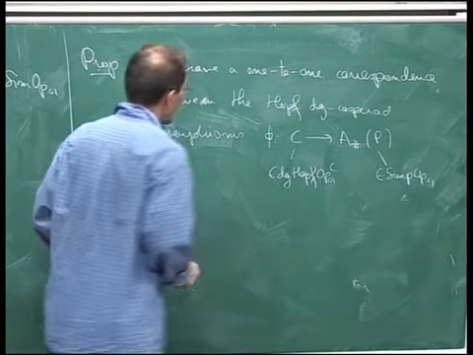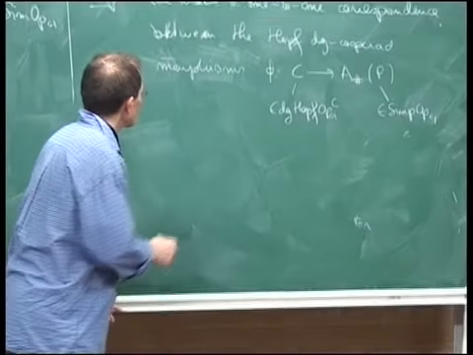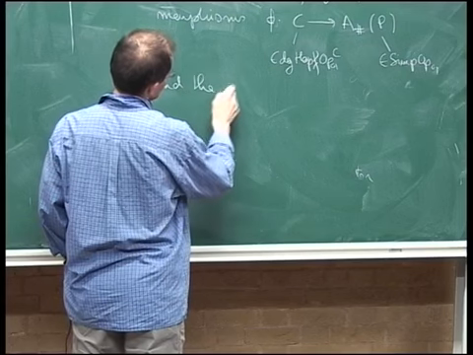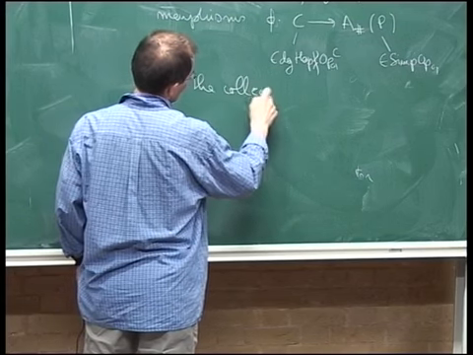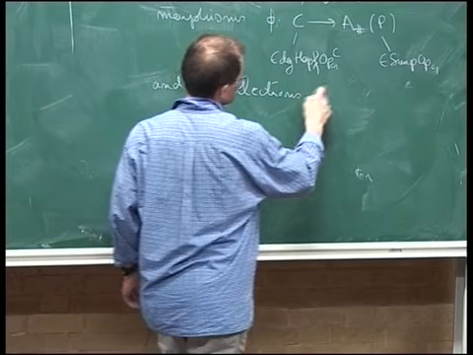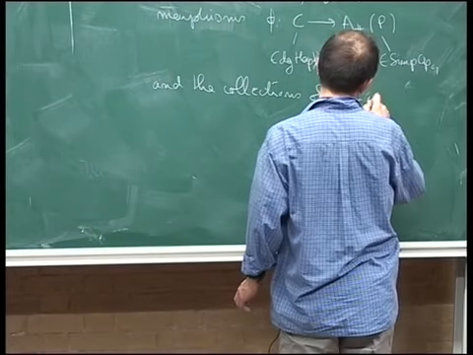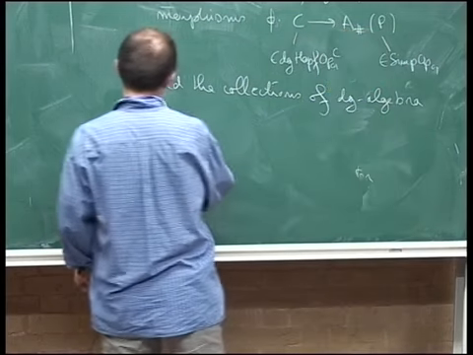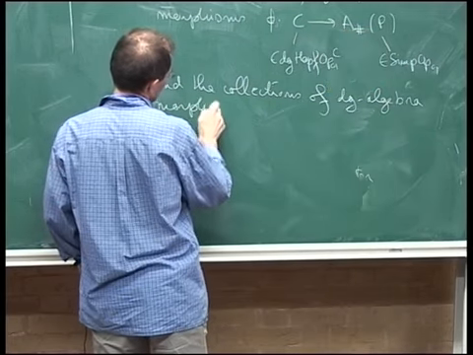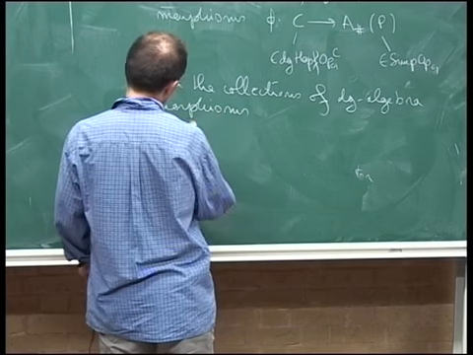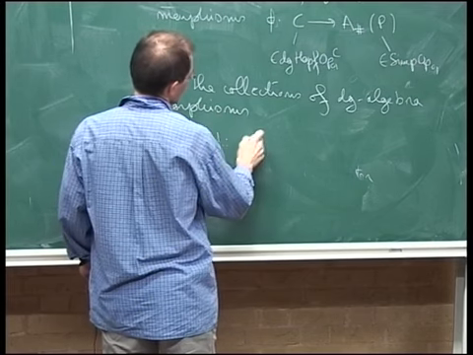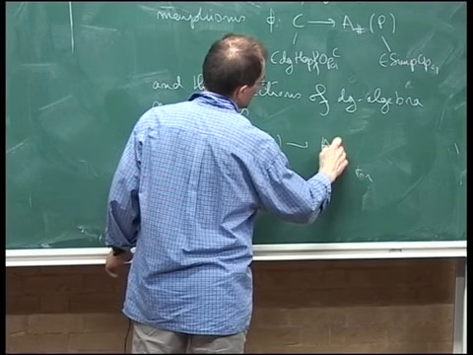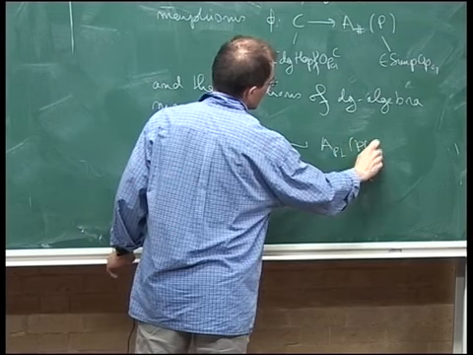And the collection of maps, the collection of DG algebra maps, morphisms, phi sharp R, going from CR to APL of PR.